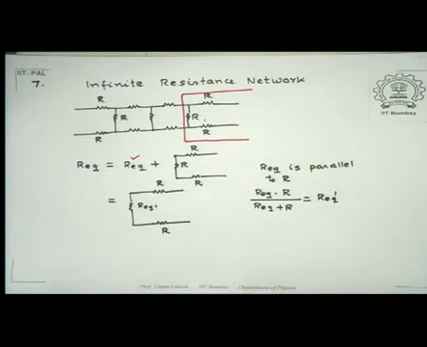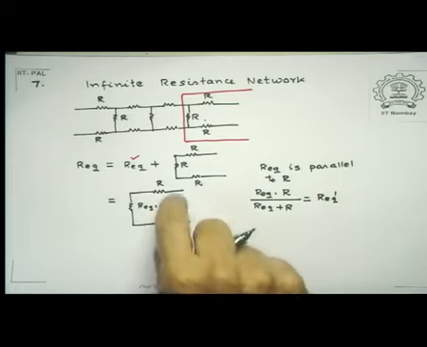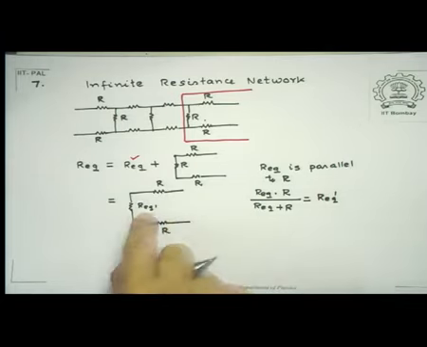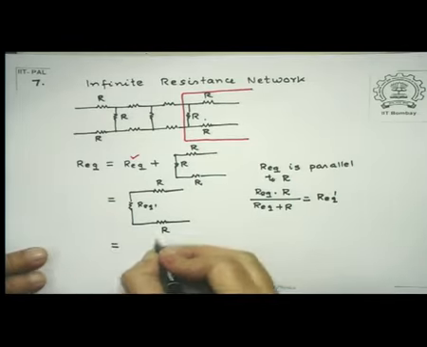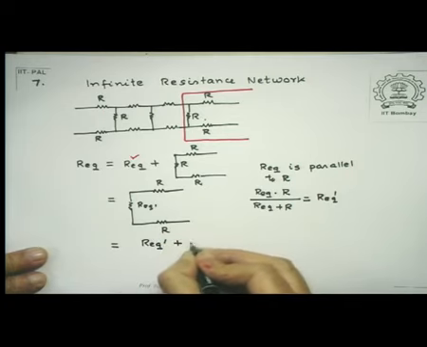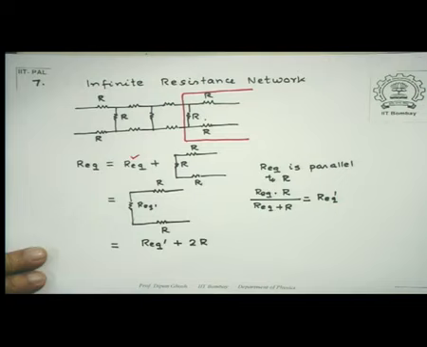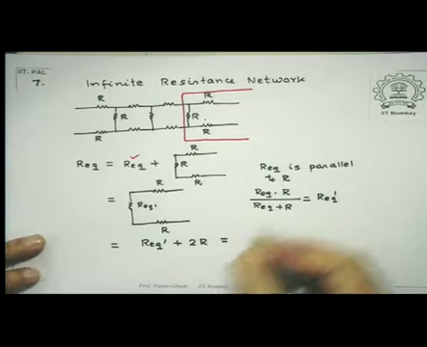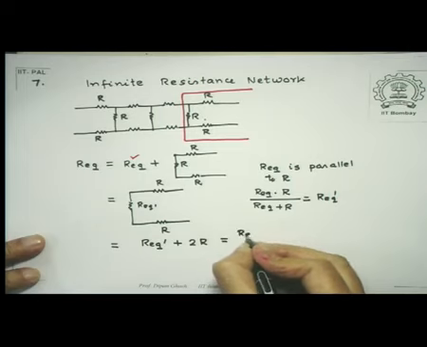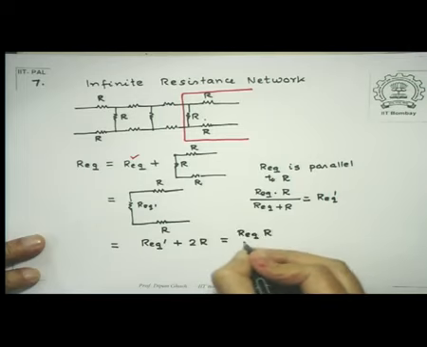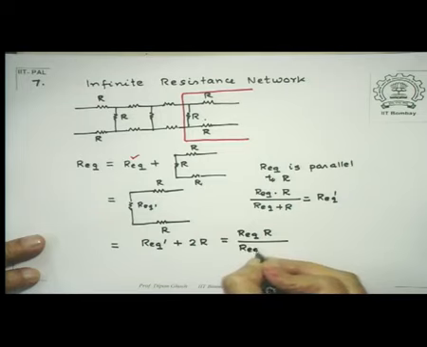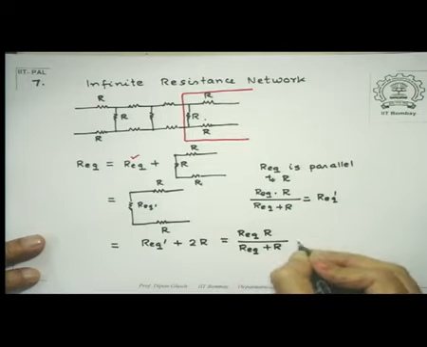But this circuit is a simple circuit, in which R and Req prime are in series. So this is equal to Req prime plus 2R. And for Req prime I have already obtained the relationship Req R divided by Req plus R, plus 2R.